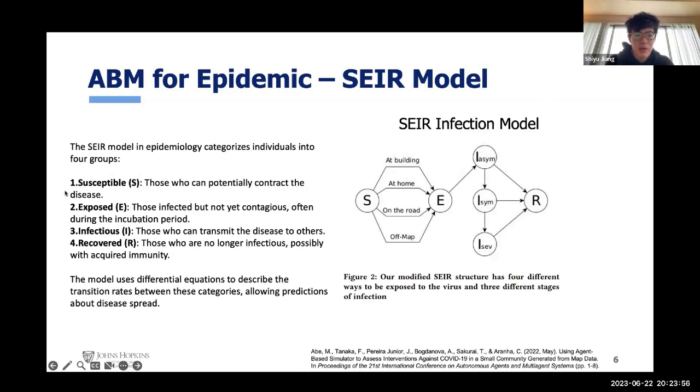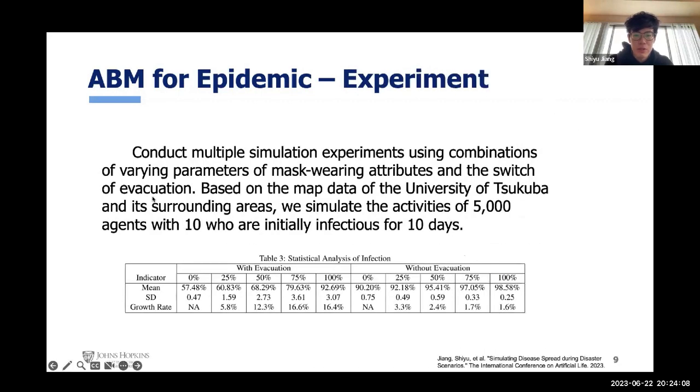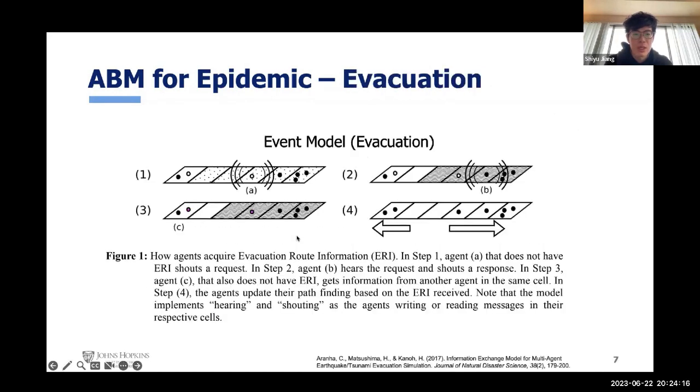So every agent will be susceptible because they could potentially contract the disease. First we can go back to here, so we can see the experiment. We have 5,000 agents with 10 who are initially infectious here.